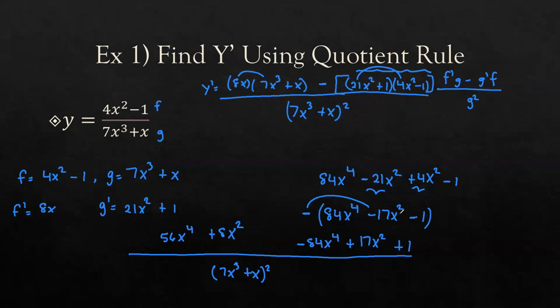So the final answer is y prime equals negative 28x to the fourth plus 25x squared plus 1, all over the bottom, which I'm just going to leave alone.